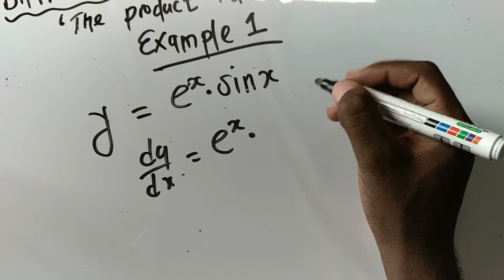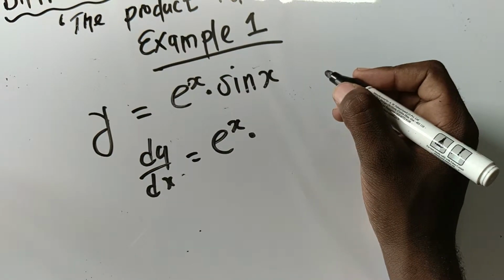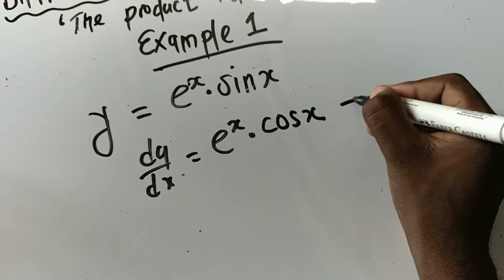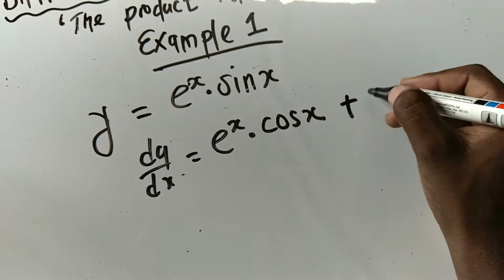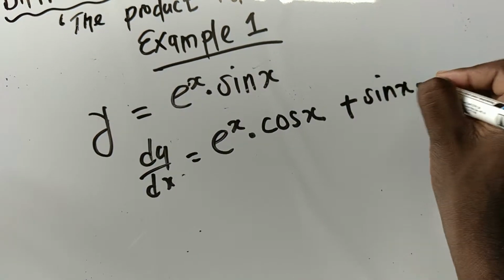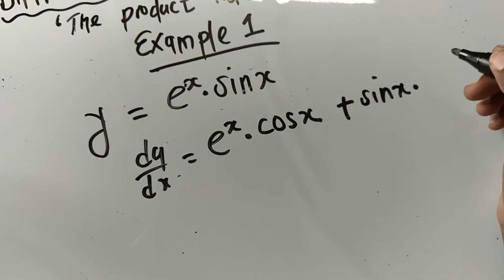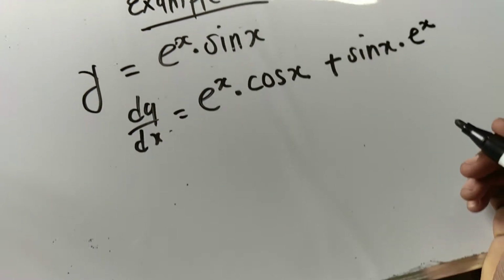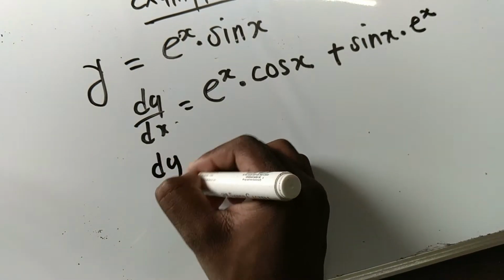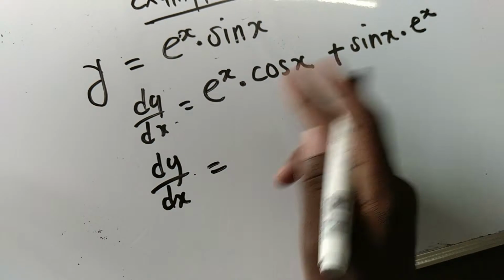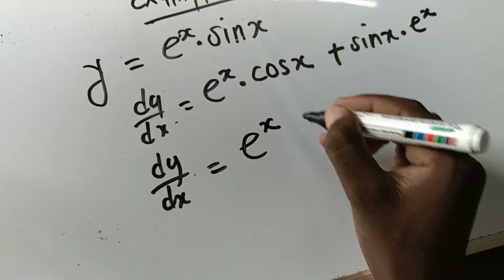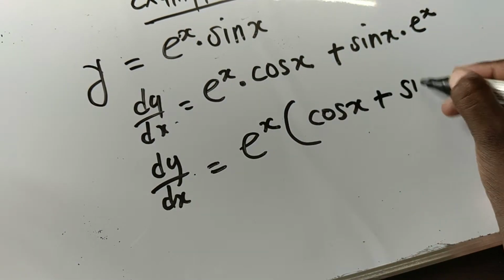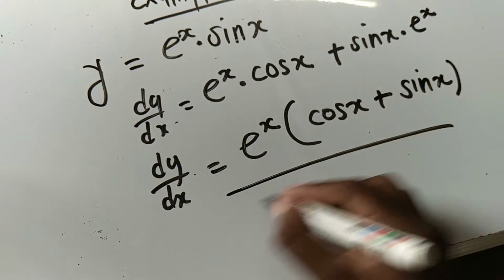When we differentiate sine x, from the standard table that I gave you in the previous video, we'll get cos x, plus keeping the second function constant, which is sine x, multiplied by differentiating the first function, which is e to the power x. Now we can write this solution in a compact form by saying dy dx is equal to, we can factor out e raised to the power x, then we'll have cos x plus sine x, and this is our solution.